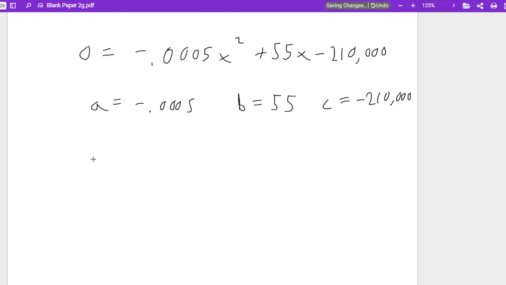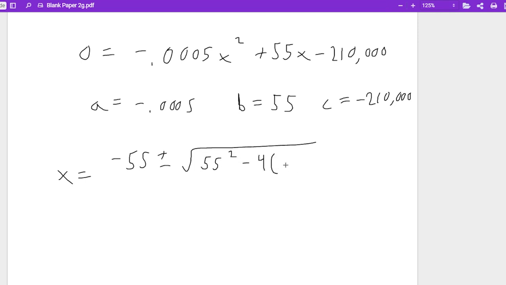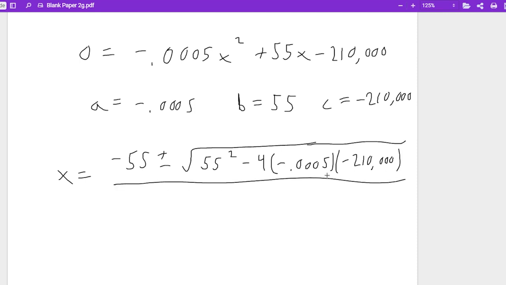So once again, we're going to plug in our formula, and we're going to say x equals negative 55 plus or minus the square root of 55 squared minus 4 times a is negative 0.0005 and c is negative 210,000. All divided by 2a, so 2 times negative 0.0005.